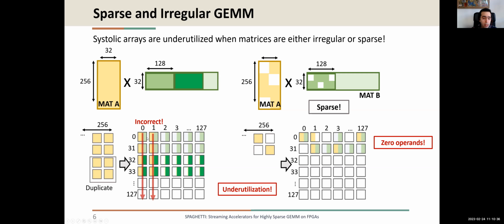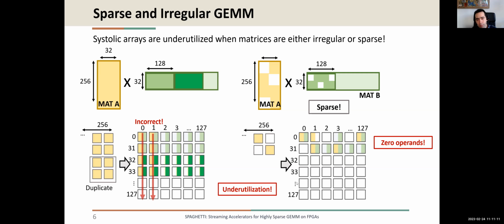In this case, I have a 128 by 128 systolic array, but the height of my tile is only 32, so it occupies the first 32 rows of the systolic array. But I cannot take the next tile, because if I put the next tile in my systolic array, then the result will be incorrect. I cannot do the reduce at the same time. So that means that I have to do the first tile, and once it's done, then I can start the multiplication of the next tile.